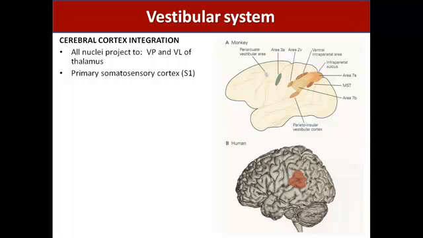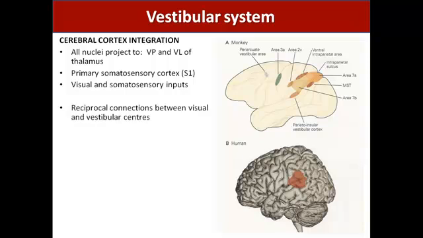Synaptic connections onto relay nuclei will then terminate into what's described as S1, or the primary somatosensory cortex. So visual and somatosensory inputs will also terminate in this region.